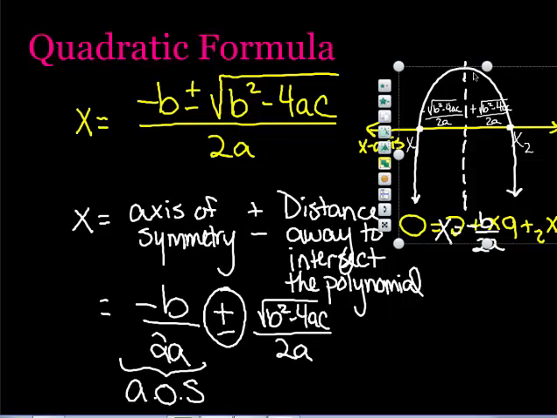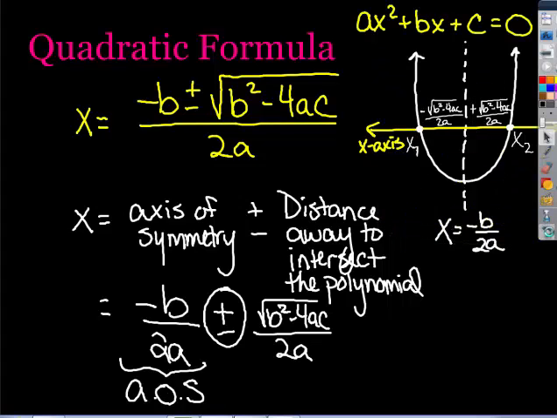Our axis of symmetry is still going to be the opposite of b over 2a. I know that got a little funky. That's okay, so we'll just put it back. And that's really what our quadratic formula looks like.